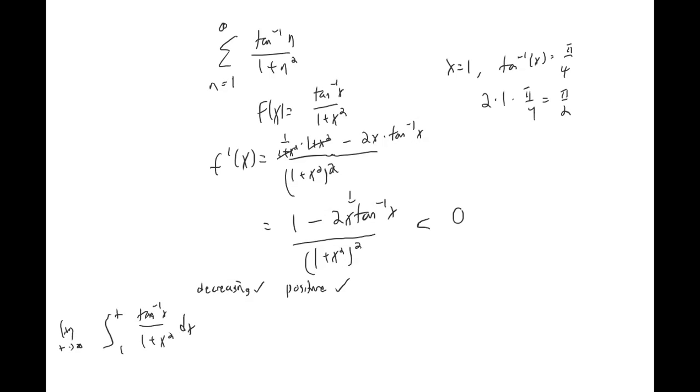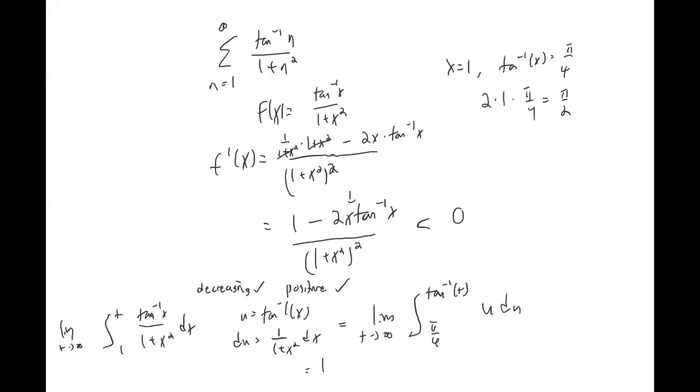So like let u be arctan of x. Then du is 1 over 1 plus x squared dx. So you get the limit as t goes to infinity of the integral from arctan of 1, which is pi over 4, to arctan of t. And then you just get u du, right?